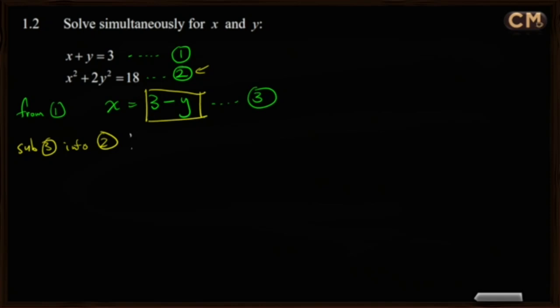Flip colors again, and that'll mean we'll have something squared because it's ready for the box, for the package to be delivered, plus 2 times y squared. That's all equal to 18. What is the something we want to square? Well, 3 minus y, of course. So let's deal with this expansion from the binomial squared.